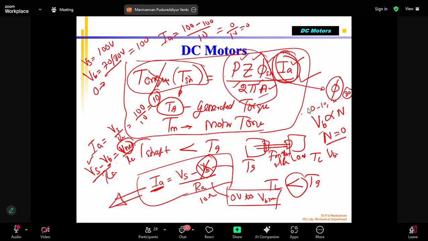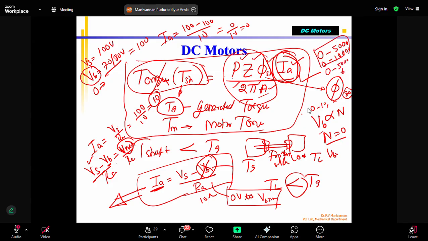So when designing the motor, the manufacturer sees the maximum VB generated by the motor at the maximum speed. The motor speed will vary from, for example, 0 to 5000 RPM. Or even 10,000, a small DC motor can go up to 10,000, 20,000 RPM also. But an industrial, bigger motor may go 0 to 5,000 RPM, correct?